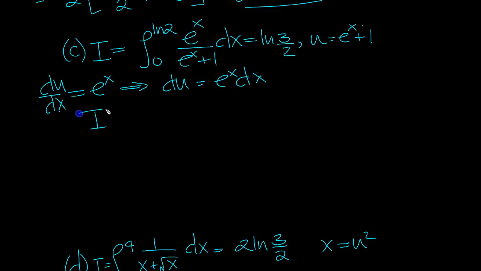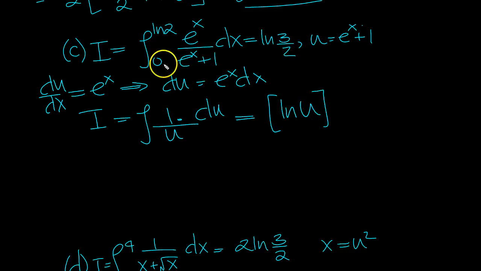So I equals then, e to the x dx is just du, one lot of, and e to the x plus 1 we can replace by u. So that's equal to the natural logarithm of u. When x is 0, e to the 0 is 1. 1 plus 1 is 2, so u is 2.